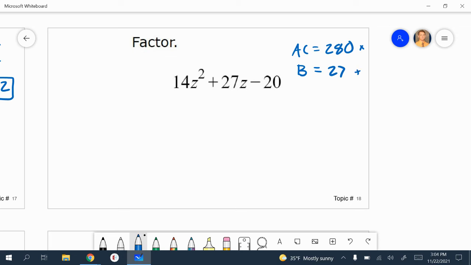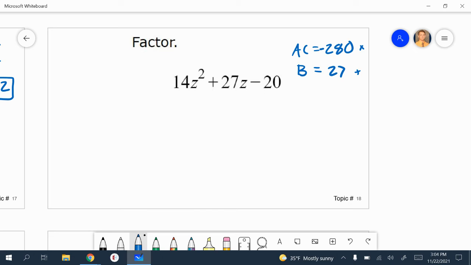This could take a while. Let me see what we have. Oh, I guess that's going to be a negative 280. So that would help. I do have a negative there. Forgot. So when I multiplied A times C, that should be a negative. So that's important. Let's see.